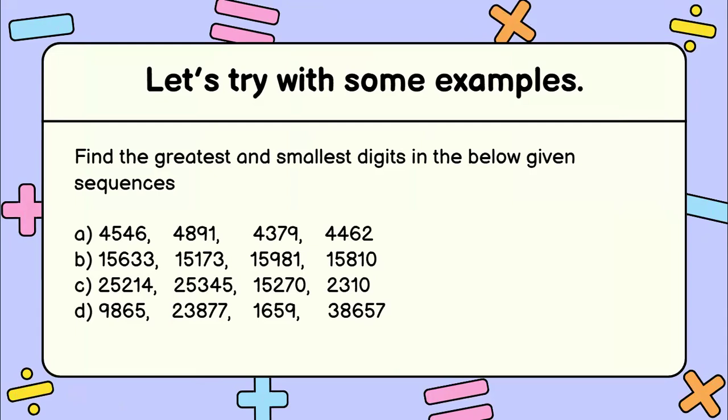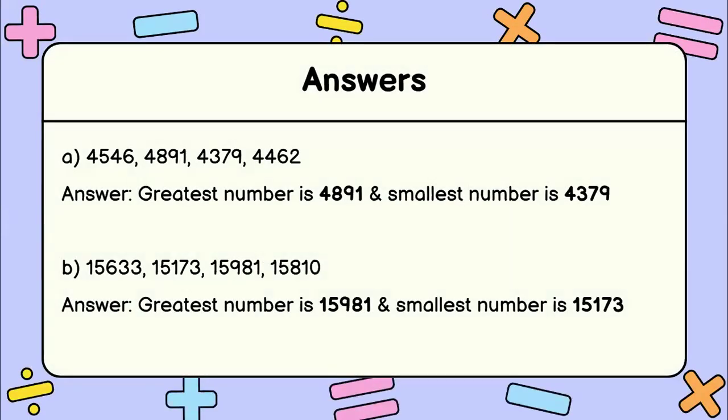Here's another question. Find the greatest and smallest numbers in the below given sequences. Pause the video, solve, and come back. So, in the A sequence, we have the numbers 4546, 4891, 4379, and 4462.